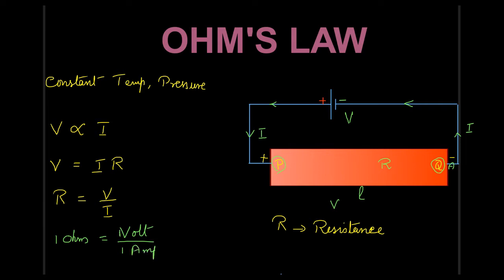Current unit is ampere, or 1 ohm is equal to 1 volt by 1 ampere. 1 ohm is the resistance when 1 volt potential difference is applied and a current of 1 ampere flows through it. Or when 1 volt potential difference is applied across the ends of the conductor, and if 1 ampere current is passing through the conductor, then resistance of it is 1 ohm.